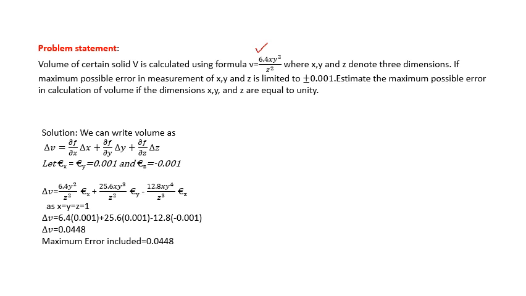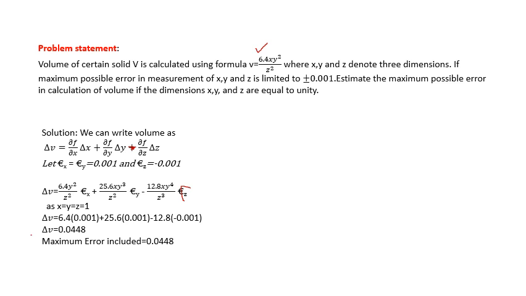Here there will be a minus sign for the z term. So we just take the partial derivatives and put in the values of epsilon x, epsilon y and epsilon z.